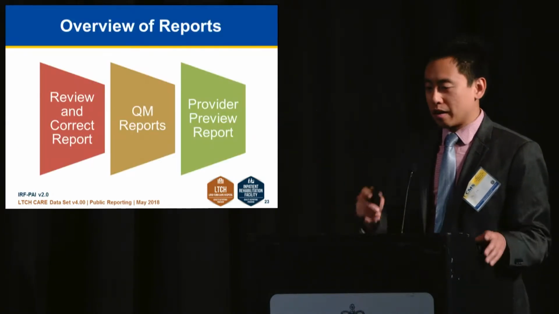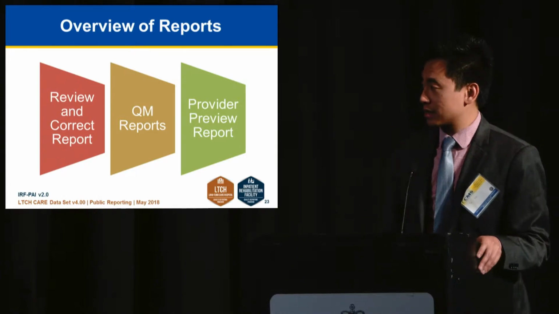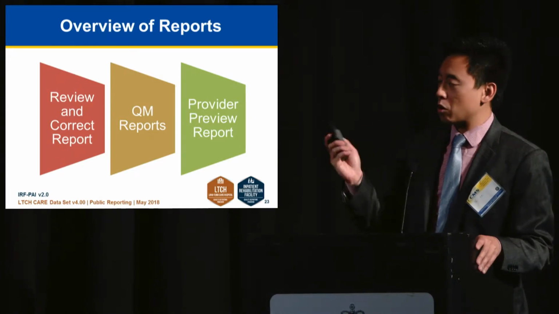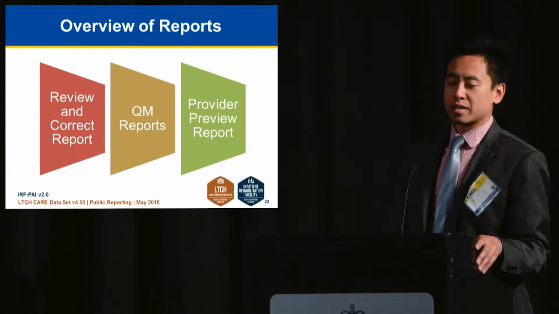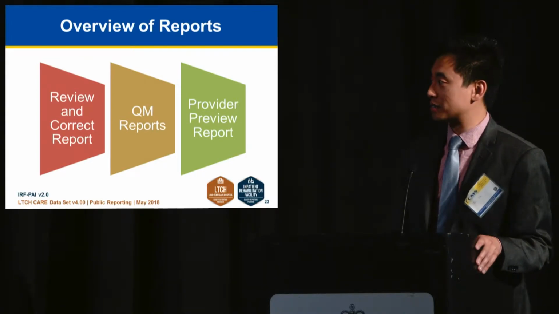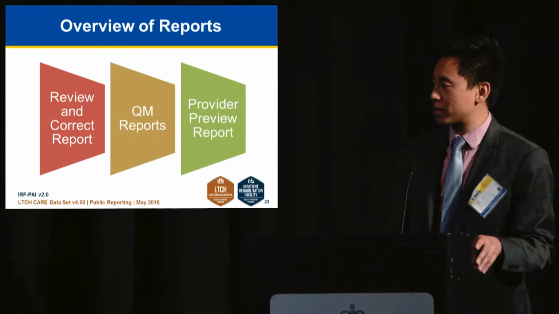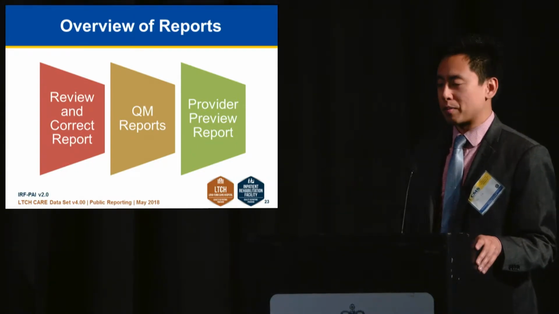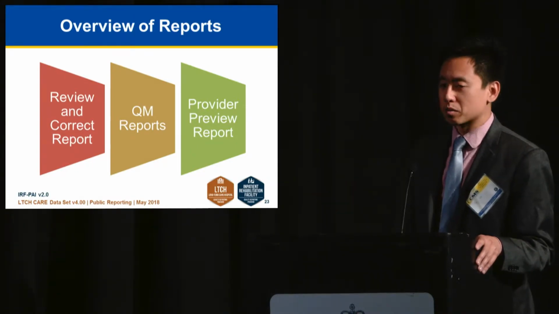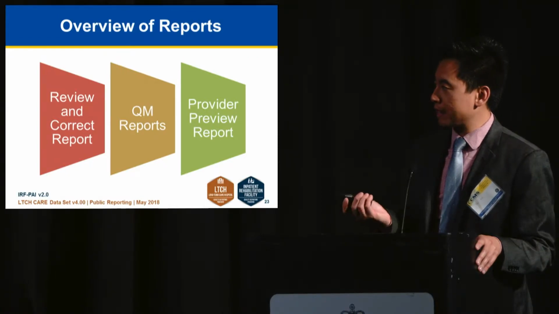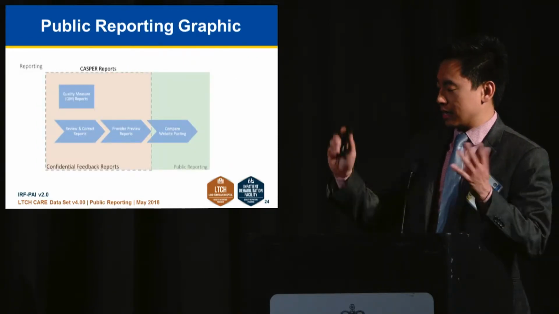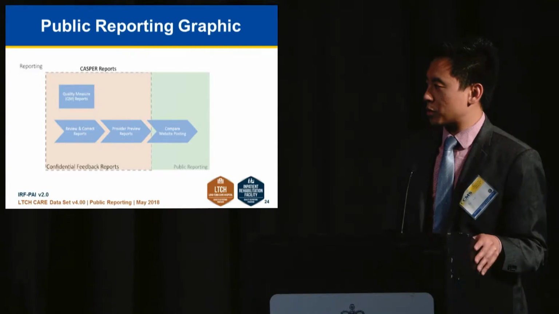So now we're past public reporting, and we'll go over the CASPER reports. There are three types of these reports. First the review and correct reports, then we'll go over the QM reports, and then the provider preview reports. Here's a little overview of the reports.